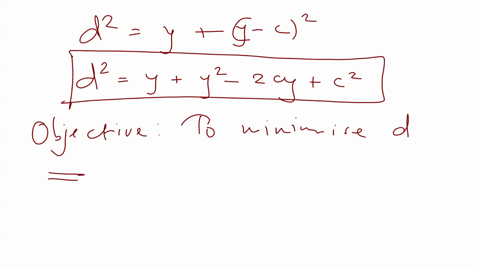Now this implies one more thing. To minimize d implies minimize d square. If we are minimizing or maximizing a value, it implies we are minimizing or maximizing the square of that particular value also. So this you have to remember. And if you really don't want to do this, then you will have to play with the root.